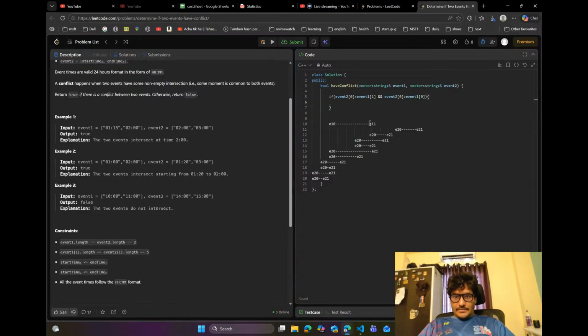And anytime it is present in between these two, okay, we are saying these are all the cases. These two are all the cases.